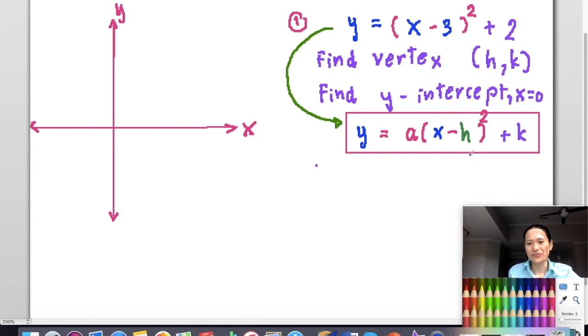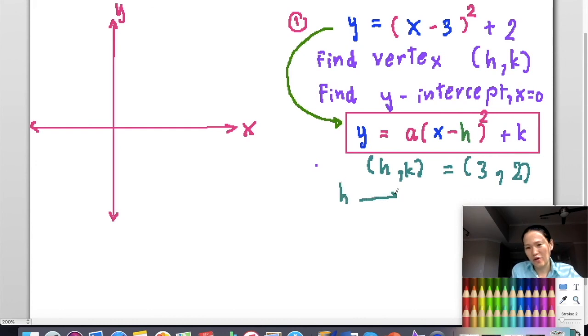Our (h, k) is (3, 2). This one, h equals 3, shifts the graph 3 units, and our k is positive as well, so it shifts up 2 units.